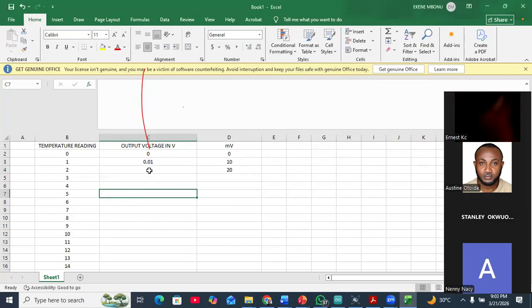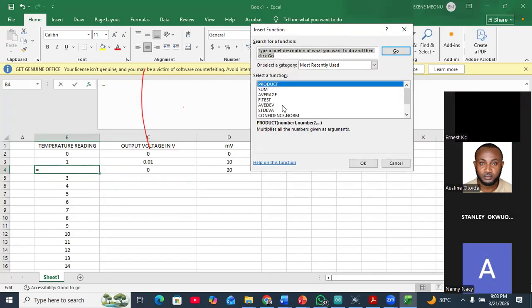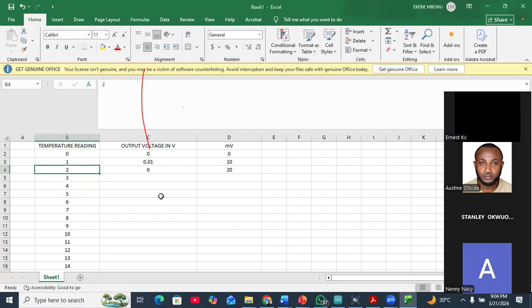Does it make any sense? Well, we are talking about products. We want to get what is here. In any case, this is increasing by 0.01.